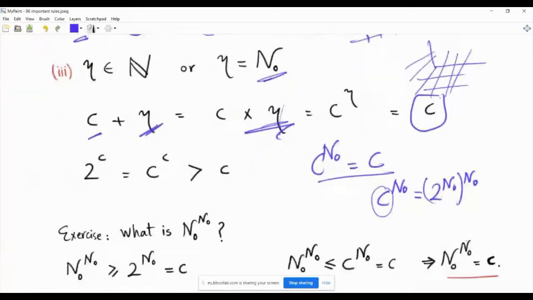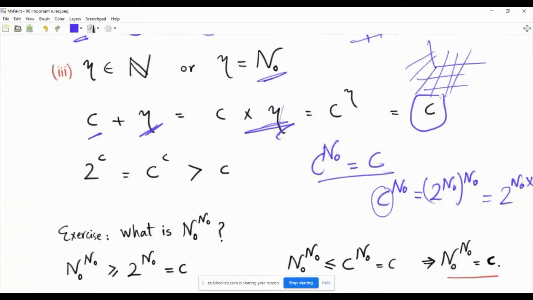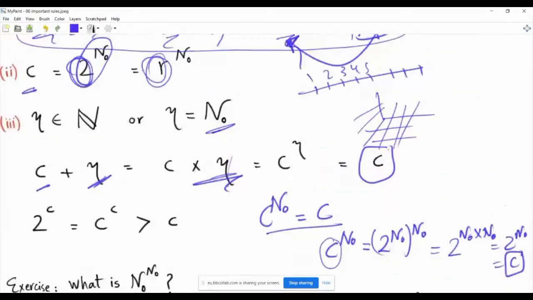So if you have something raised to some power and then everything is raised to another power, what do you do? You multiply the powers. So this is 2 to the Aleph node times Aleph node, and guess what? If you multiply Aleph node by itself a finite number of times, you get Aleph node, and so this is equal to C. Okay, weird, true, but true.